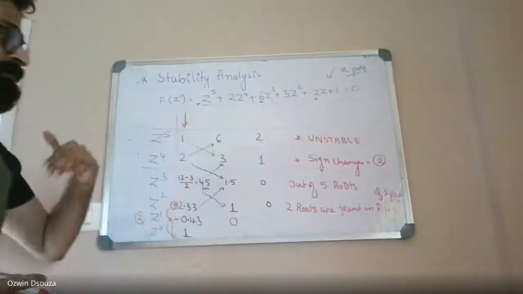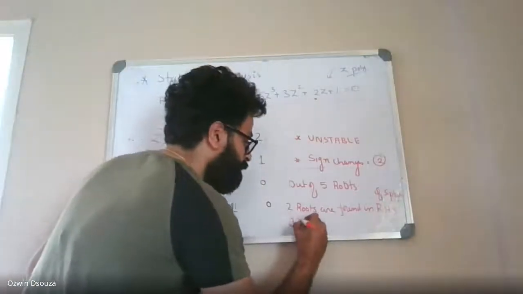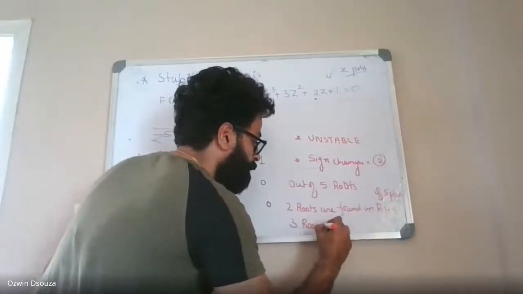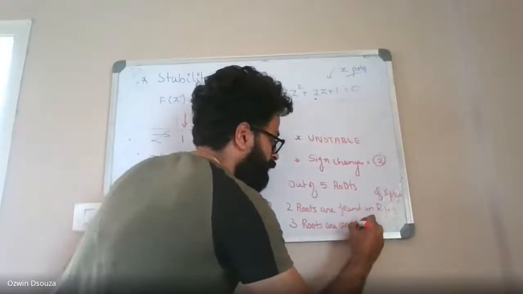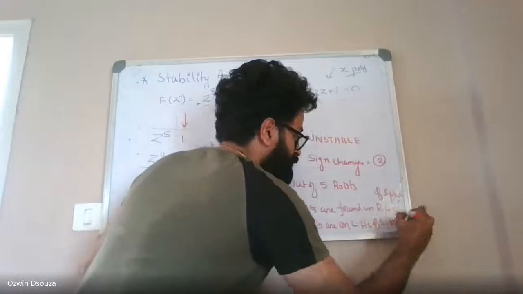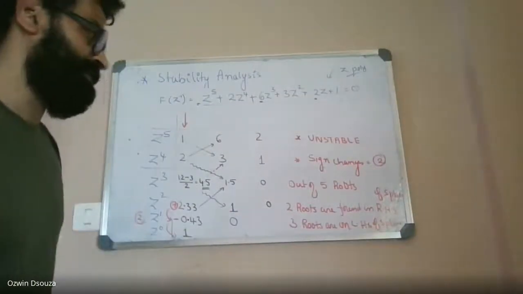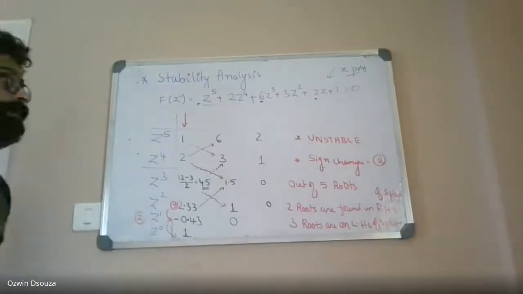Okay. So if 2 roots are found on RHS of the S-plane, the remaining 3 roots are on LHS of the S-plane. So that completes the stability analysis. Okay. I mean, with respect to this problem.